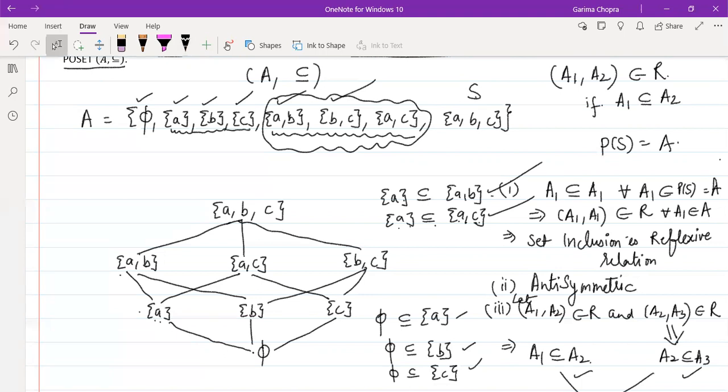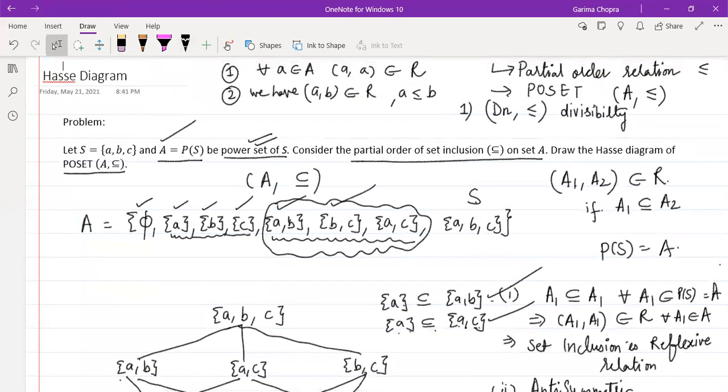In this example, I have discussed how you can prove that a relation is a partial order relation. You give the proof of reflexive, antisymmetric, and transitive. I have given you a hint for the same, and shown how you draw the Hasse diagram for any poset.